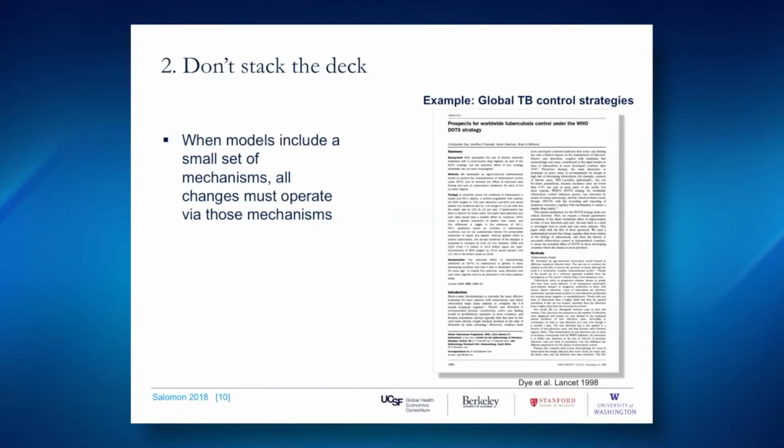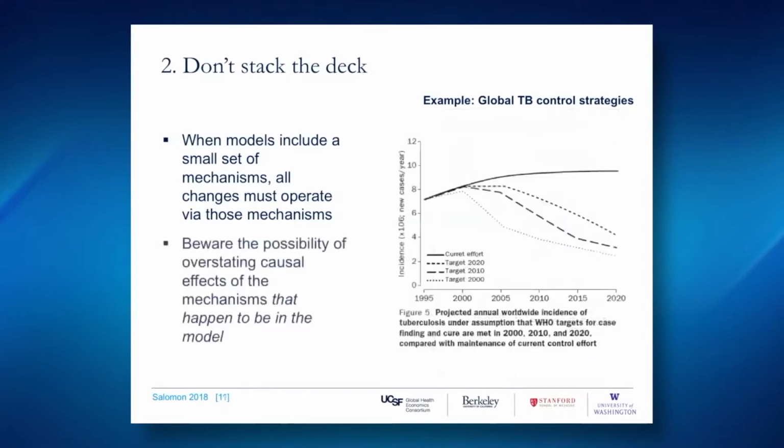So at the time that DOTS was being rolled out by WHO and promoted very hard by WHO, some modeling was done to look at the possible changes in global incidence, shown here, if coverage targets for DOTS were reached more or less quickly.